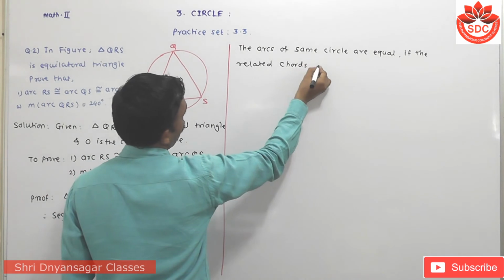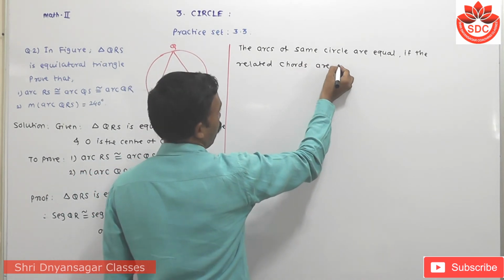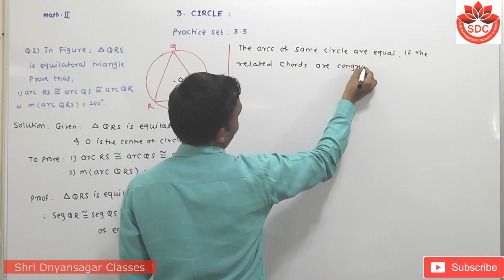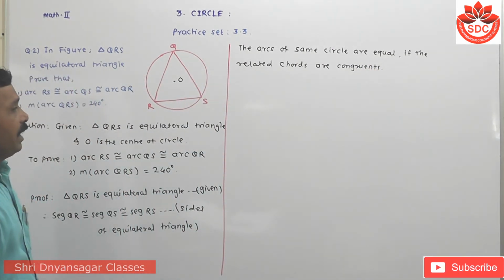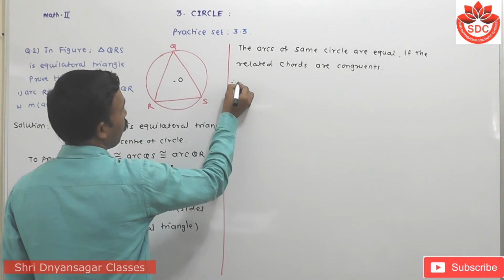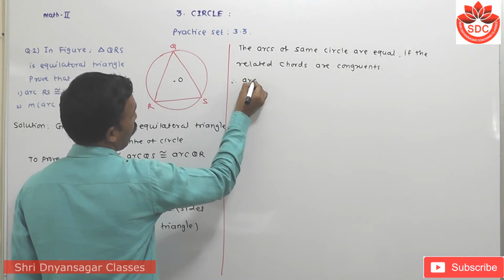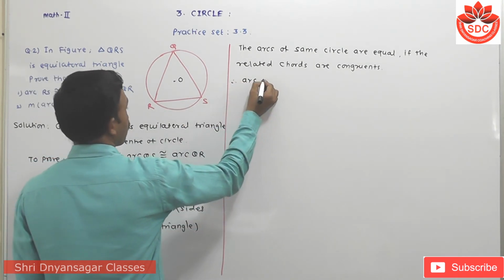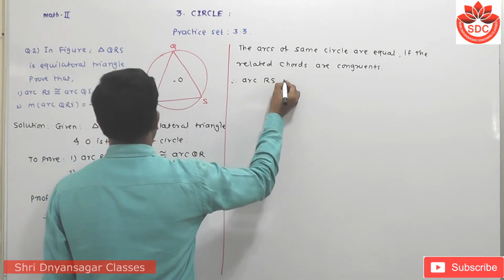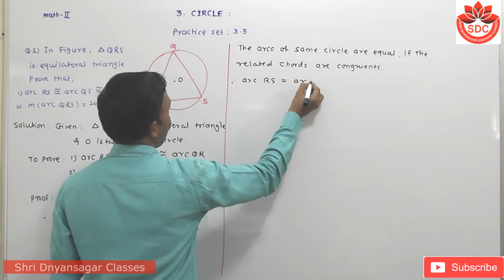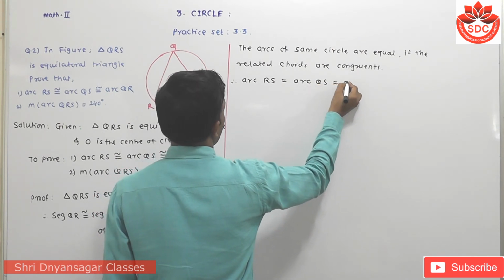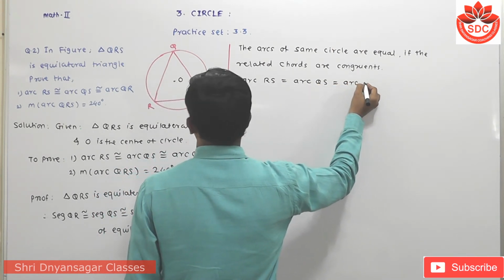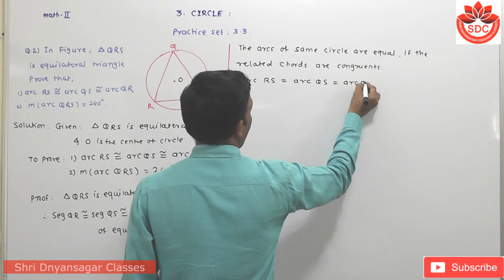Chords are congruent. Means that these arcs are equal. Means that arc RS is equal to arc QS is equal to arc QR.